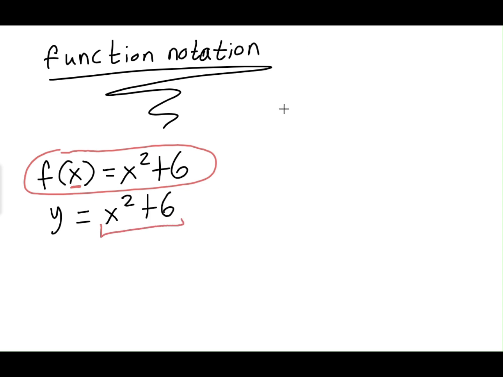Well, what if we had something like this? What if we said f of x is equal to x squared plus a? Well, which one is the true variable? It turns out that what we mean by this is x can change. Now this might be a little confusing, and I wouldn't worry about this too much because you'll learn more about this in calculus.